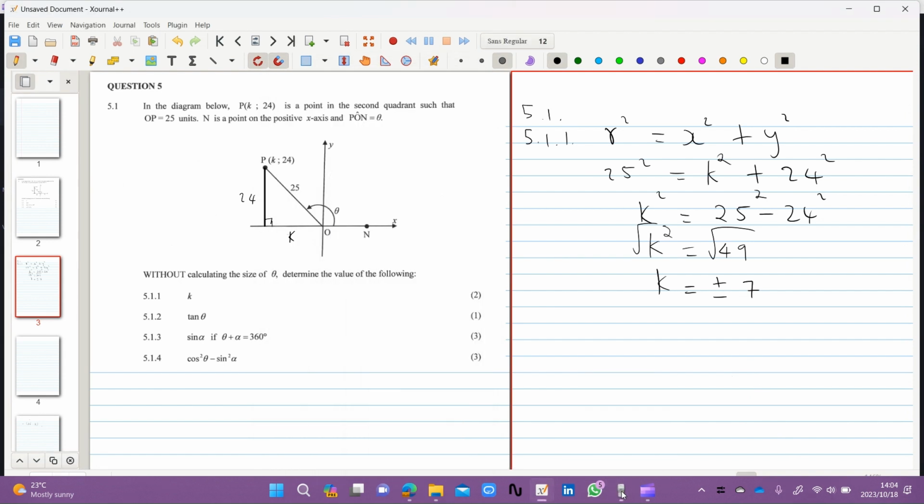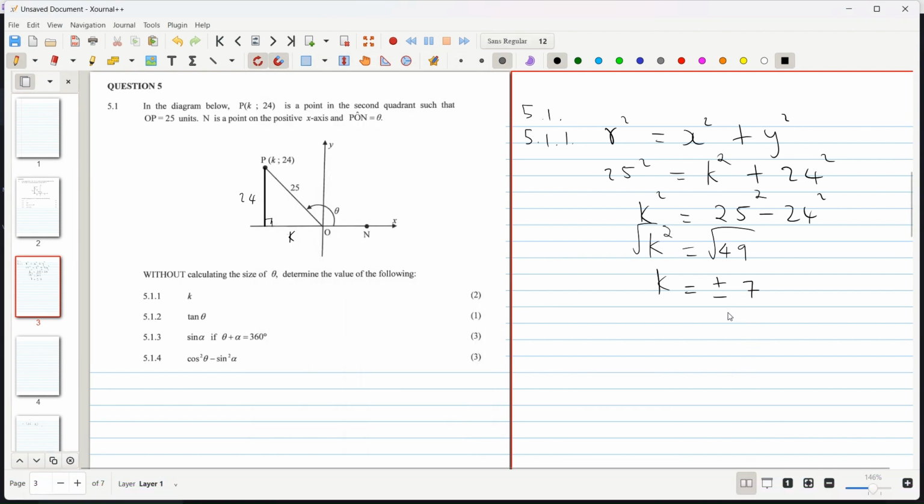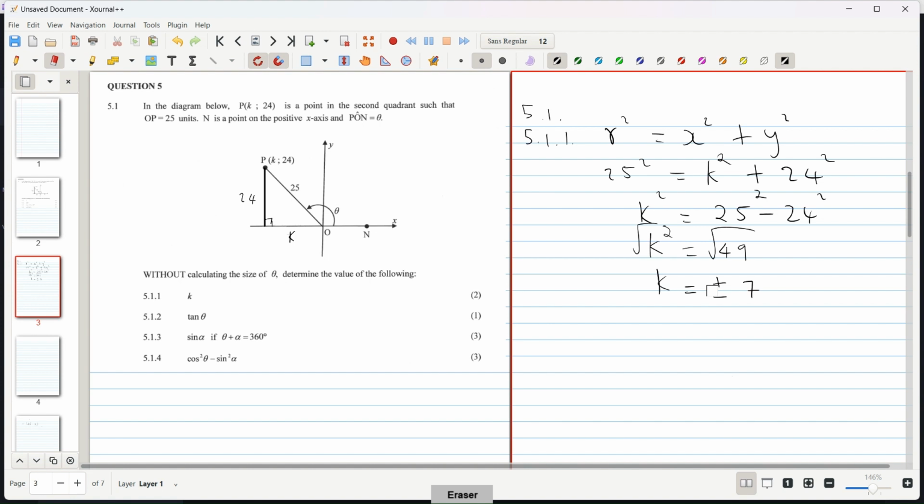Which sign of k do we have to take here? Are we taking a positive or a negative? We have to look at which quadrant we are in. It is the second quadrant.